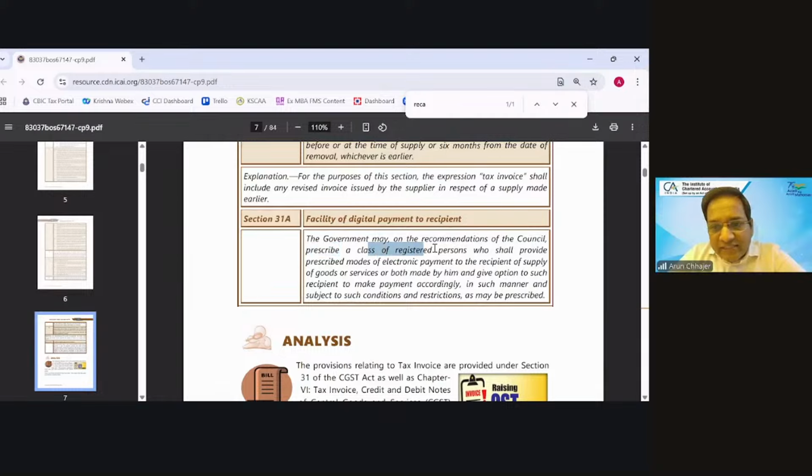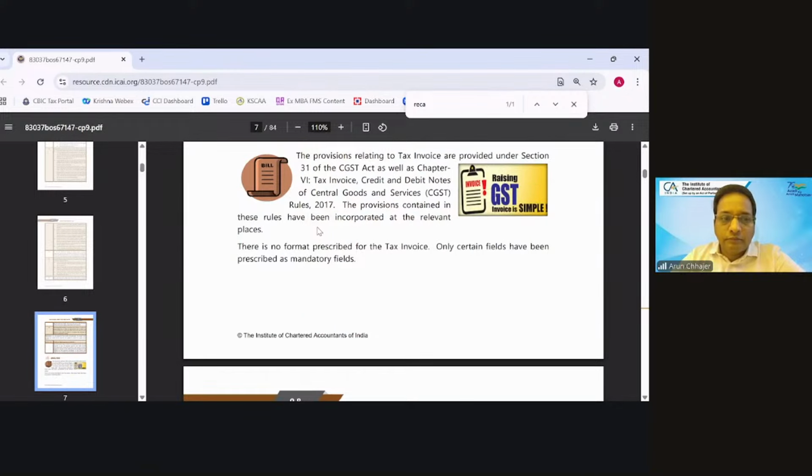Class of the registered person who shall provide prescribed mode of electronic payment to the recipient of goods or service or both made by him and give option to such recipient to make the payment accordingly. So now in some cases they will talk about how payment has to be collected in this manner, QR code, dynamic QR code, etc. Correct.